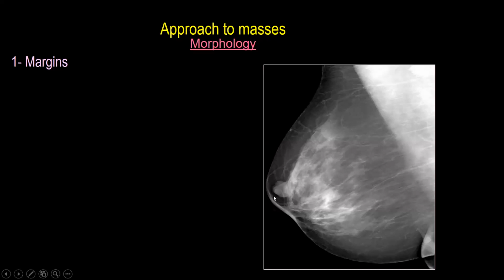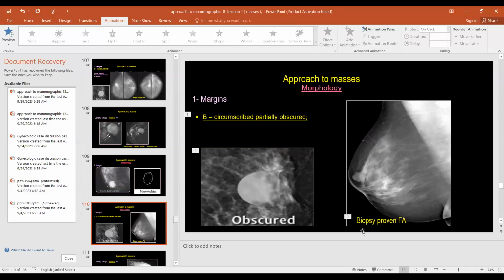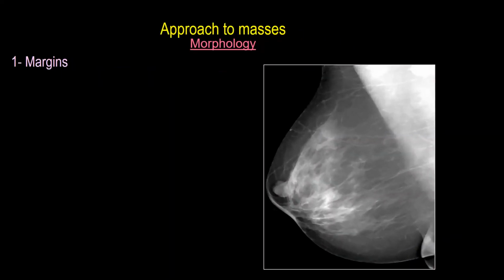The mass is projecting into subcutaneous fat. Look for this portion in the subcutaneous fat. How does it appear? I did not bring it, let me make it for you now. I burned the case.